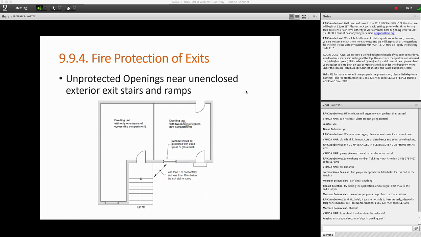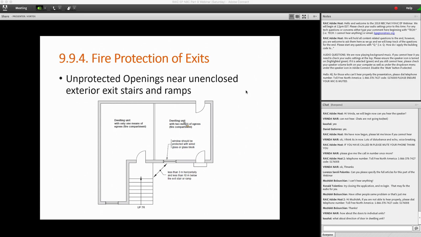So still under section 9.9.4, fire protection of exits, we are going to look at where you have unprotected openings near an exterior stairway or an unenclosed exterior exit stair and ramp. This is covered in articles 9.9.4.4 and 9.9.4.5.